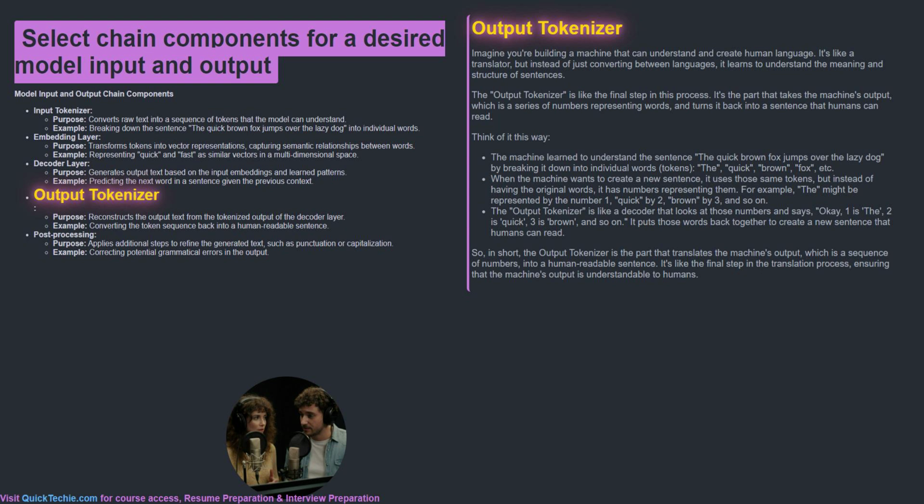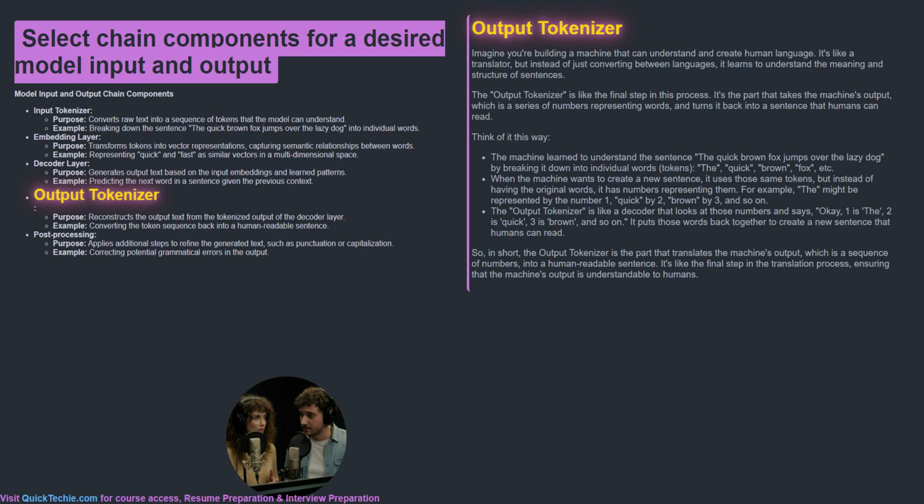For example, the might be represented by the number 1, quick by 2, brown by 3, and so on. The output tokenizer is like a decoder that looks at those numbers and says, okay, 1 is the, 2 is quick, 3 is brown, and so on. It puts those words back together to create a new sentence that humans can read.